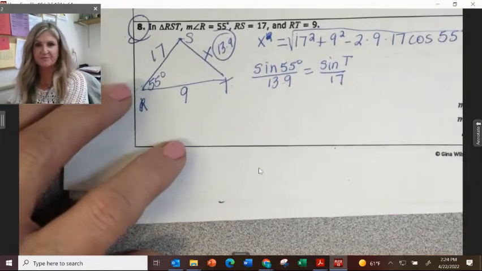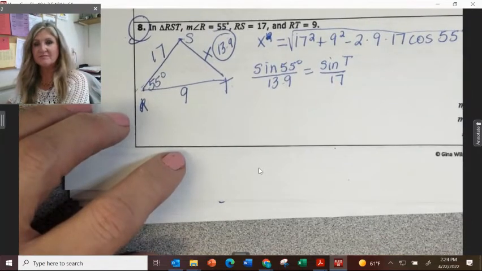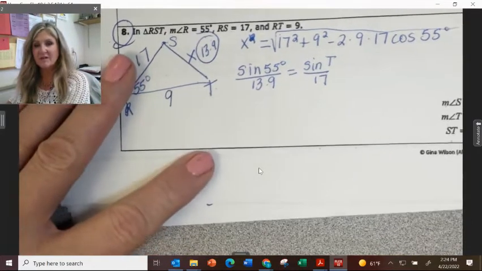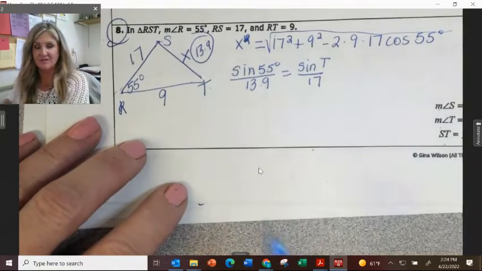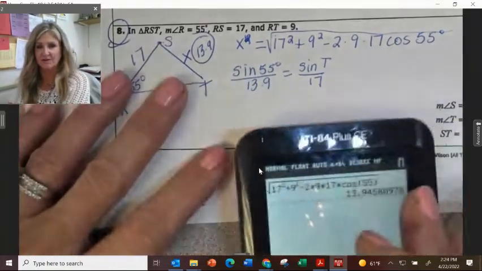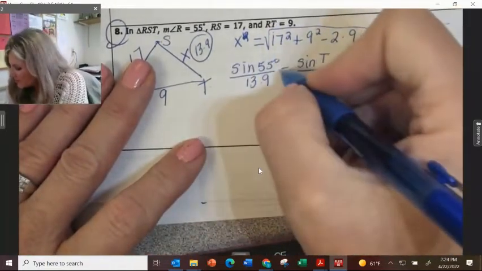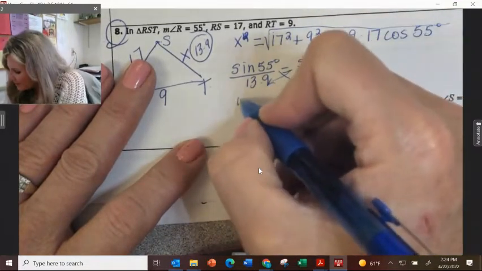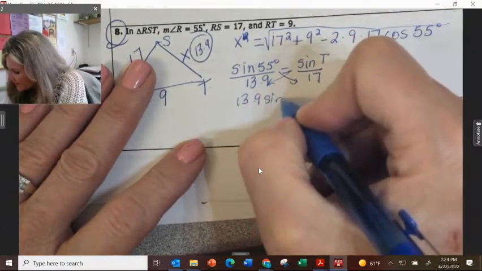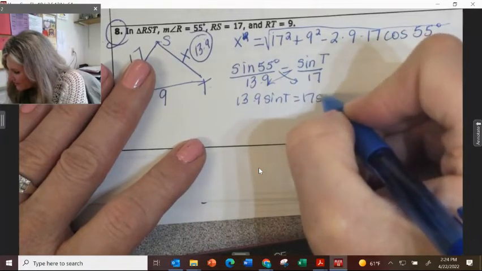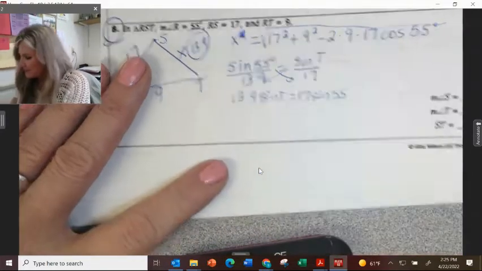So we're not doing that? What? We're not supposed to do that? I'm going to show you why I have to use the full version. I just don't write this down yet. We're going to cross multiply, and I would get 13.9 sine T equals 17 sine 55, right?